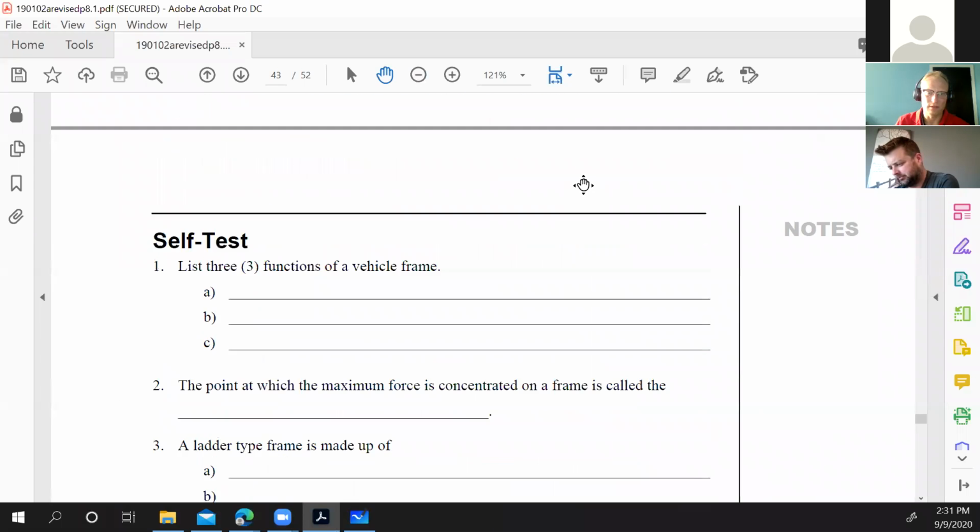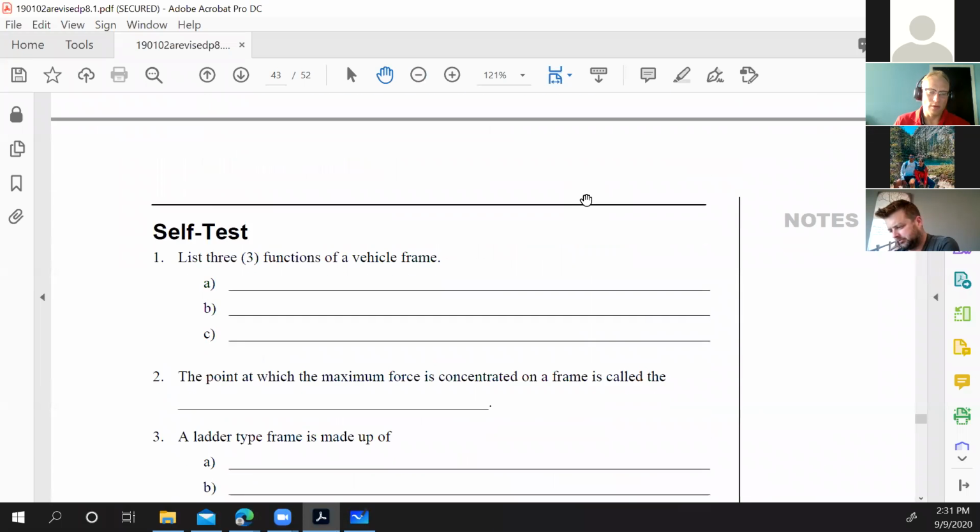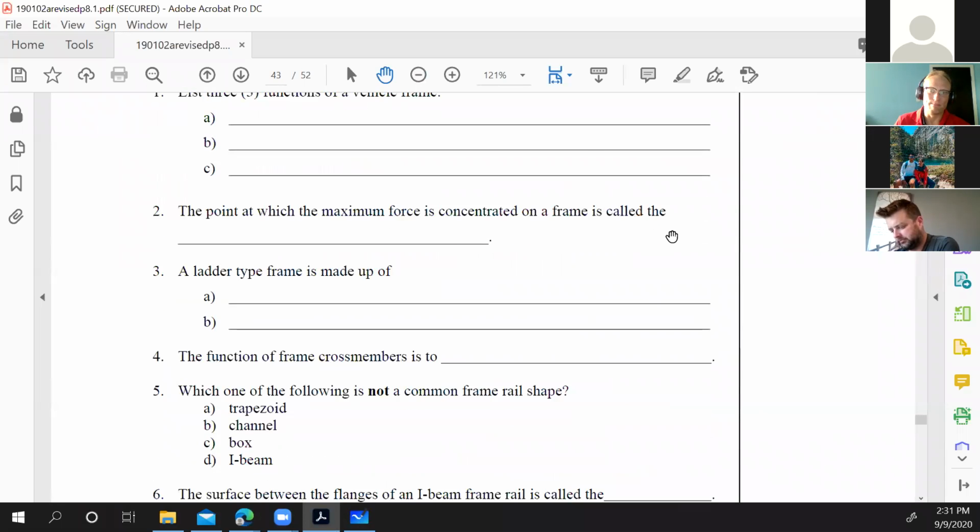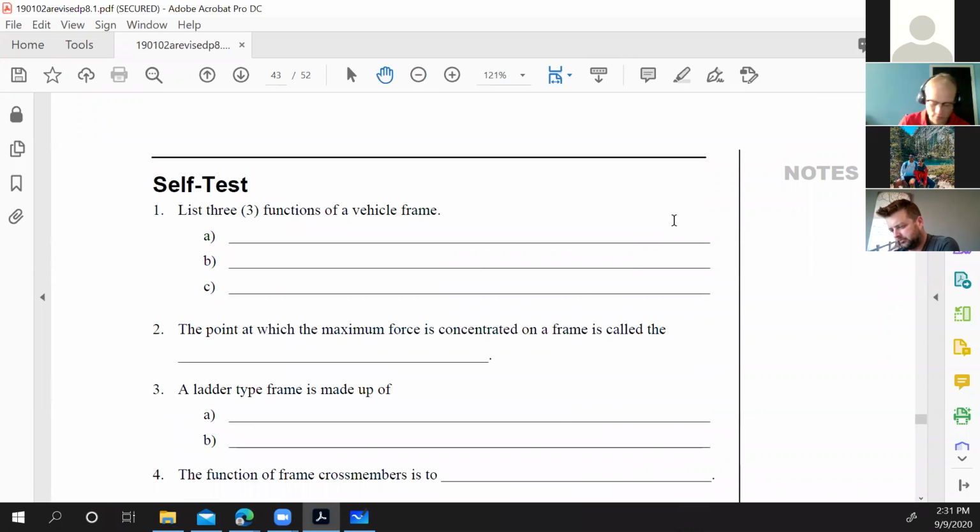Yep. Perfect. What are the functions of a vehicle frame? So this was the first part. It's funny, the questions tend to go in order of the sections in the book. So the functions of a frame. Remember, we have to have something to attach everything to, something to hold the weight of the vehicle loads, right?